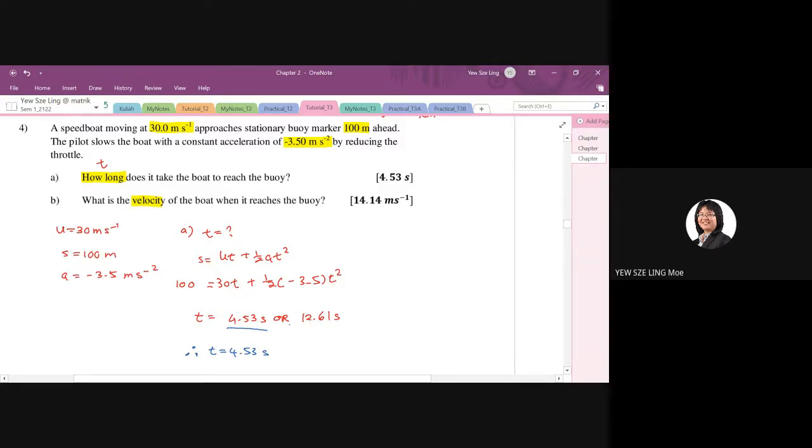So what happens in the exam if you leave both of them as your final answer? You will get 0 marks. Why? Because the examiner won't help you to choose your answer. You need to choose the answer for the examiner. So if you leave 4.53 seconds and 12.61 seconds as your final answer, then your final answer is 0, because you give two answers and you don't know which one is correct.